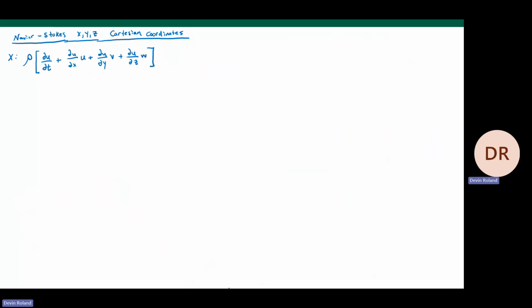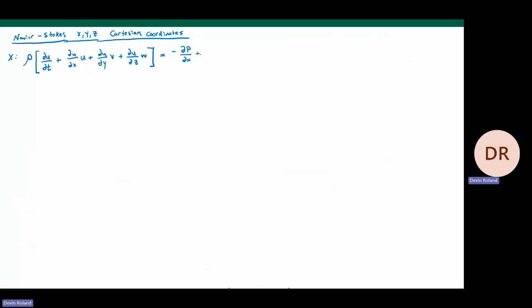You can notice here that we're evaluating how the x velocity is changing in each of the directions, right? So then we have negative dp dx. That's the pressure gradient, right?